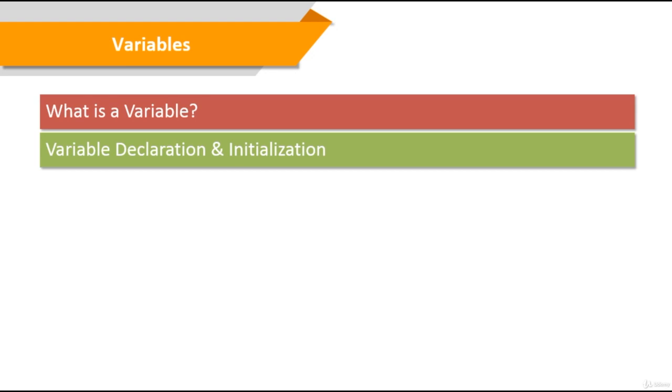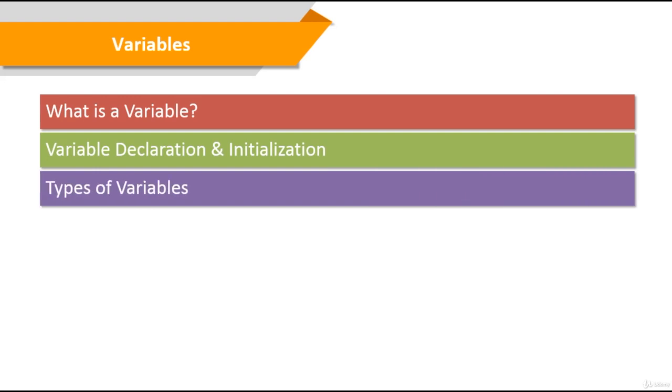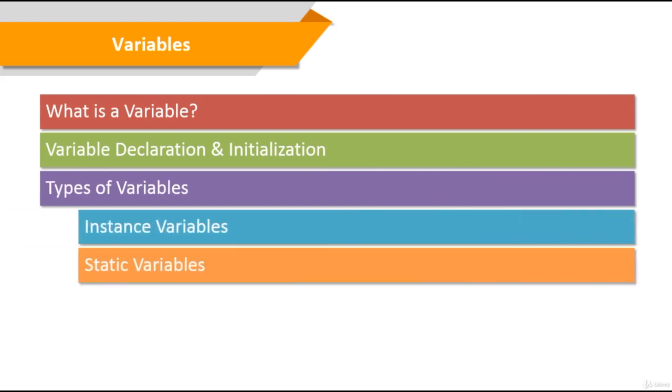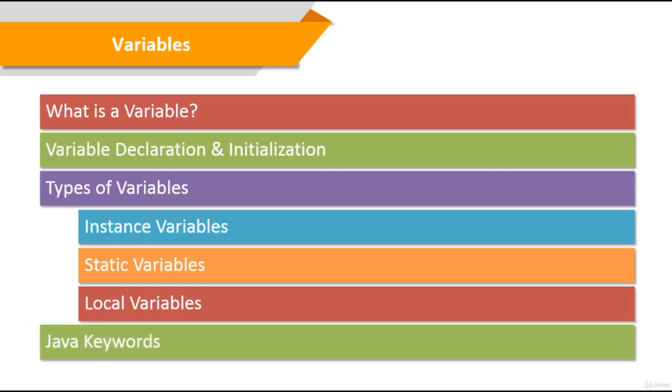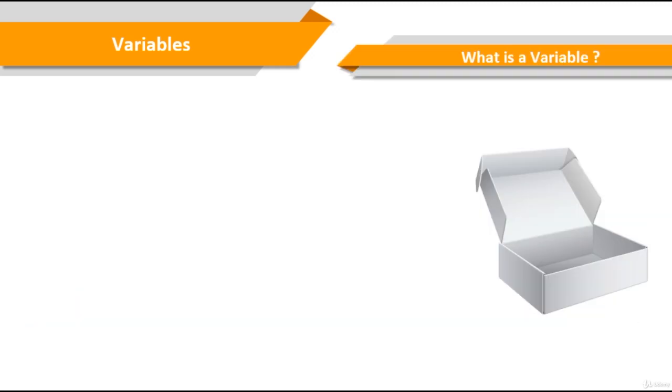And then once we get that, we'll be learning different types of variables: instance variables, static variables, as well as local variables. Then we'll get used to working with Java keywords. So first, like I said, we're going to start with the question, what is a variable?